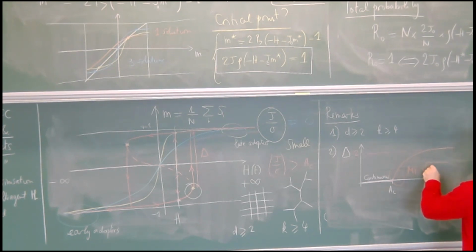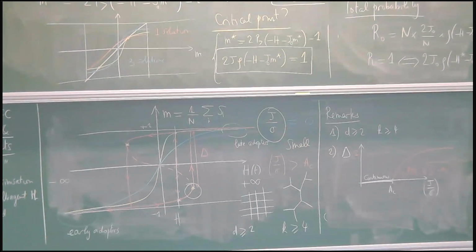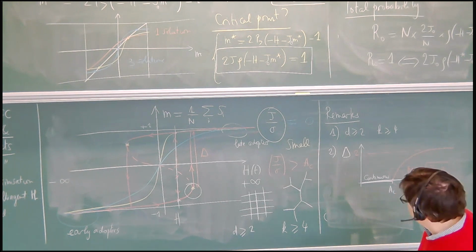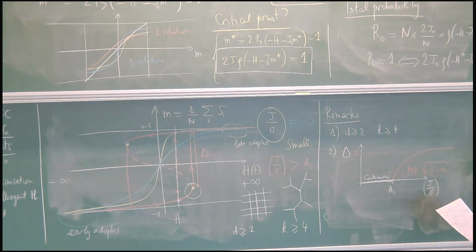So it's a square root of J over sigma minus AC. But as I told you, in real three-dimensional magnets, for example, this would not be a square root, but a slightly different power, close to a third. But the idea here is that there's a continuous growth of delta as J over sigma becomes larger and larger.